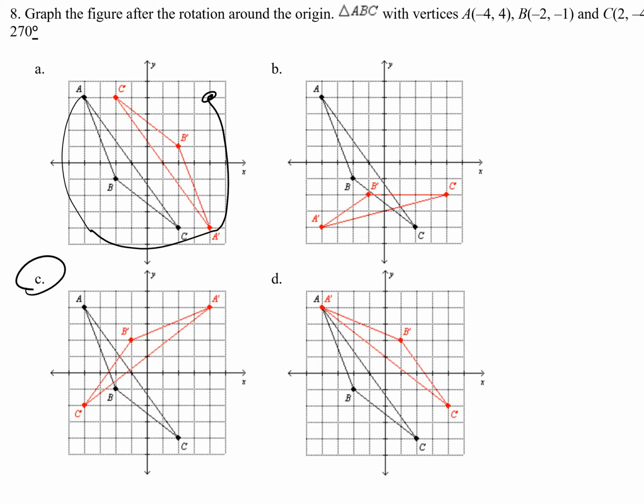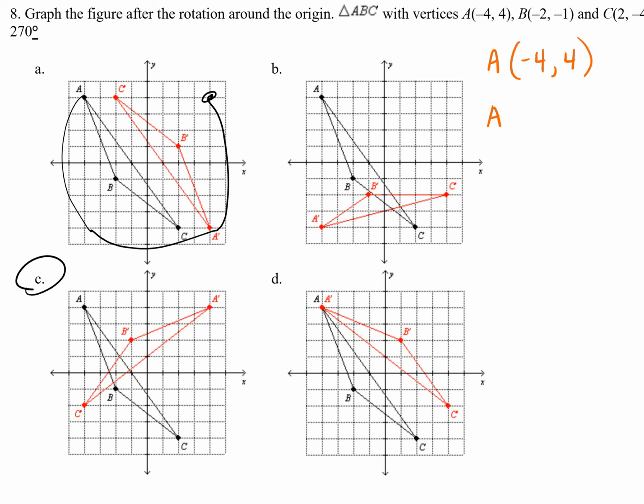So I'm going to take point A. Now, we said with a 270 rotation, that means we're going to swap. So A is -4, 4.